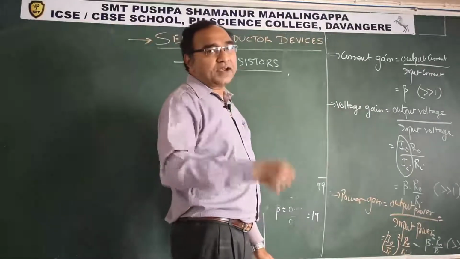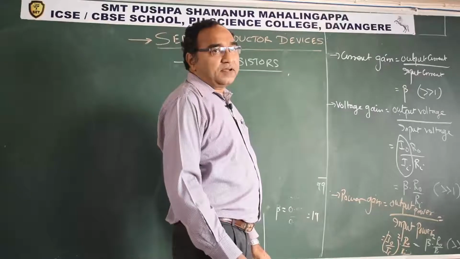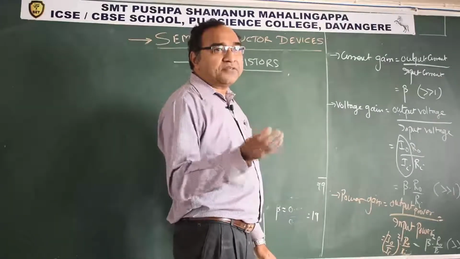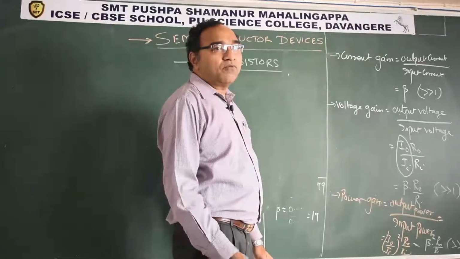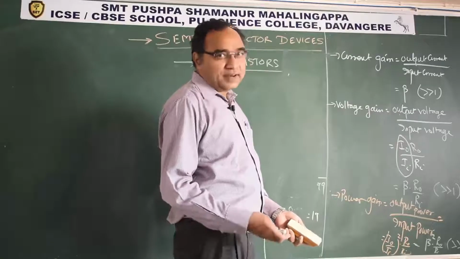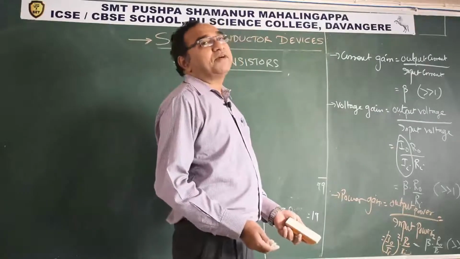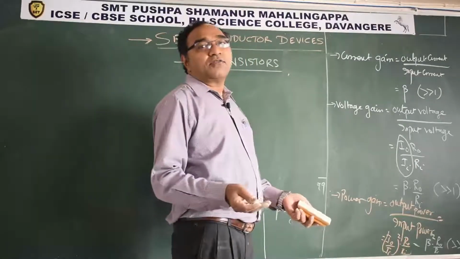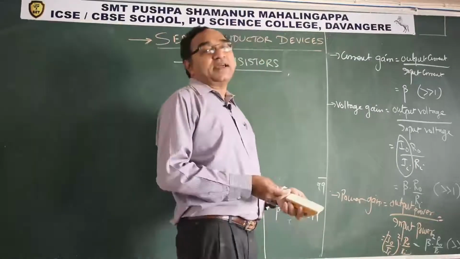And how is the collector connected in a transistor? It is connected in reverse bias. So if your input itself is in reverse bias, where is the question of output? Because in reverse bias, do you get any output? If a junction is connected in reverse bias, can we get any output? We cannot. We always get output in forward bias.